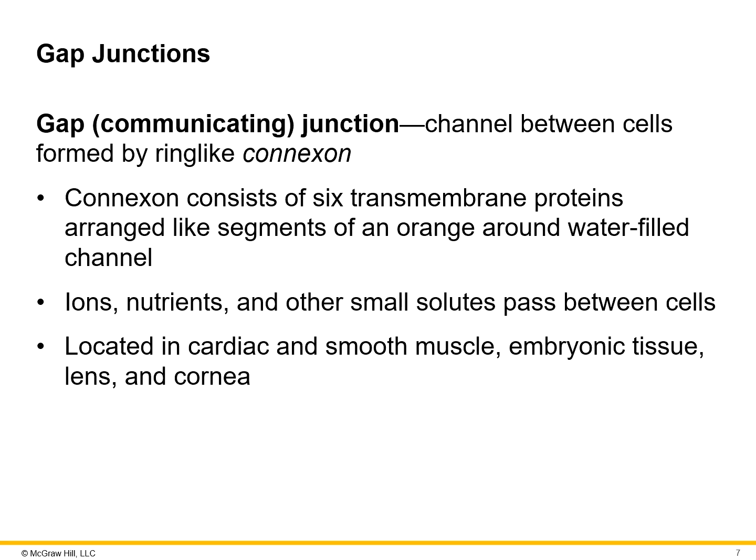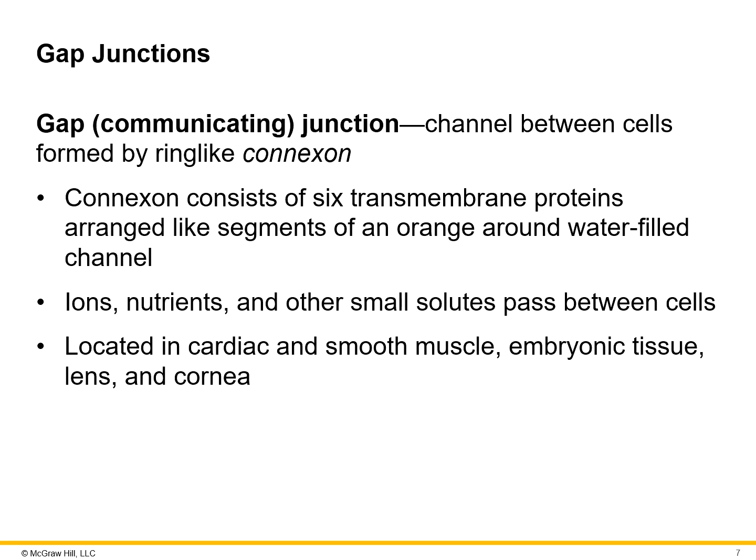And the cells need to communicate. And so there are these communicating junctions or channels between the cells that are formed by these ring-like proteins called connexin. And those are called gap junctions. And so what makes up this connexin are 6 transmembrane proteins. Remember, trans means across.